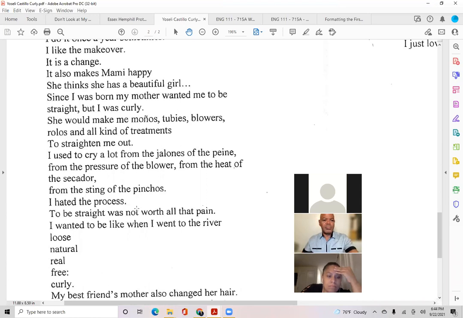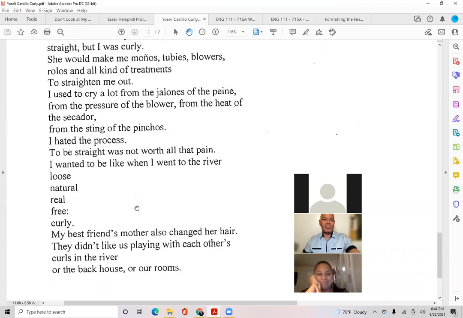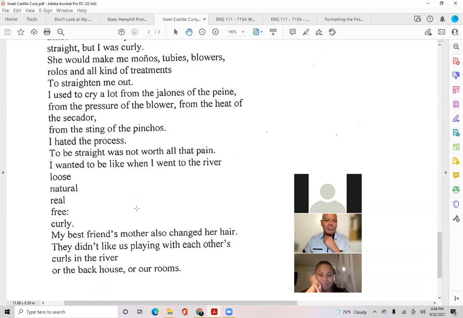I used to cry a lot from the jalones of the peine, from the pressure of the blower, from the heat of the secador, from the sting of the pinchos. I hated the process. To be straight was not worth all the pain. I wanted to be like when I went to the river, loose, natural, real, free, curly. My best friend's mother also changed her hair.